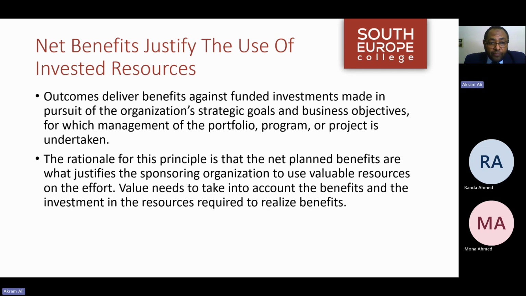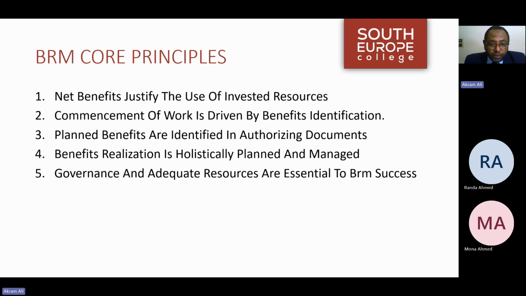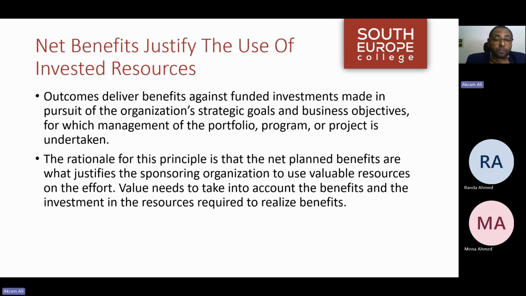So the first core principle, which is net benefits justify the use of invested resources, stipulates that outcomes deliver benefits against funded investments made in pursuit of the organization's strategic goals and business objectives for which management of the portfolio, program, or project is undertaken.